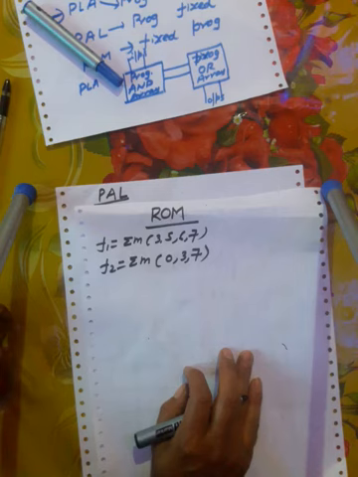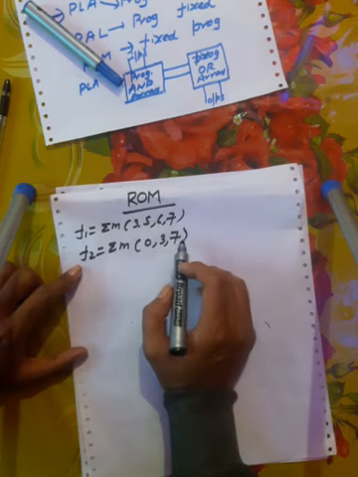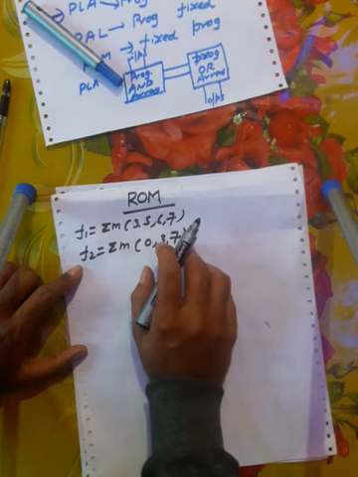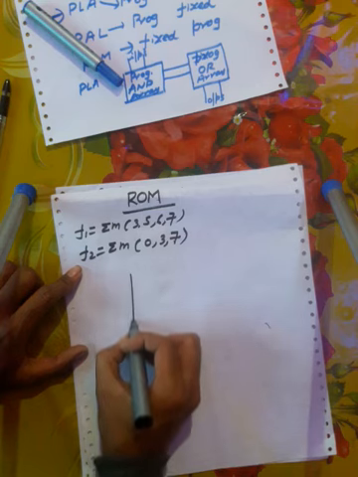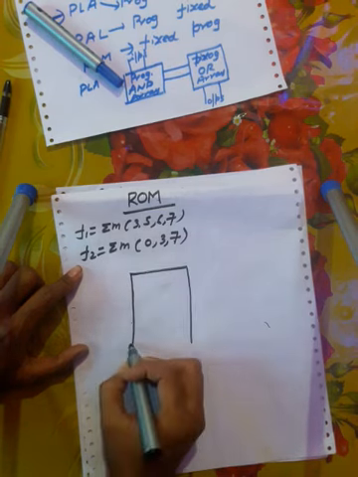You are already aware of the decoder, so it is better to implement by using a decoder. In a decoder we get AND terms in the outputs, so we require only OR gates. The maximum term is 7, so a 3 to 8 decoder is sufficient.